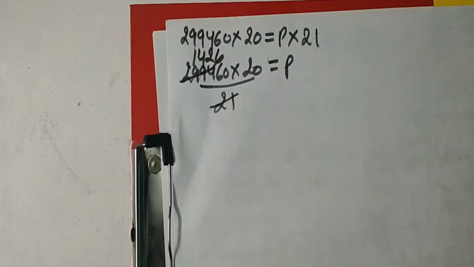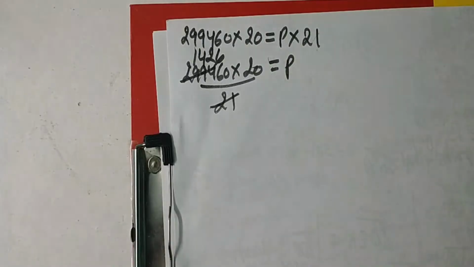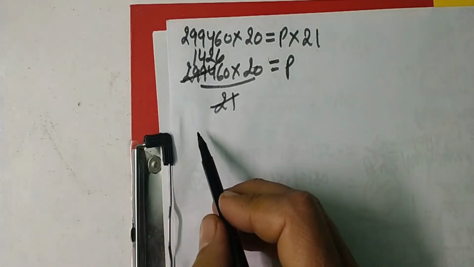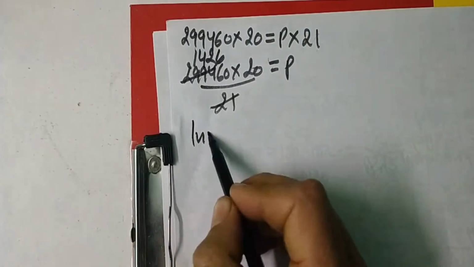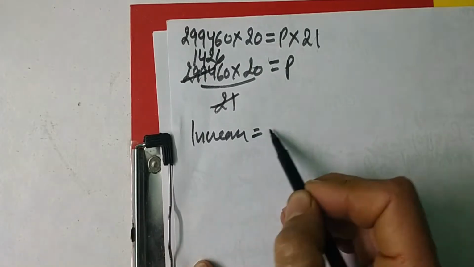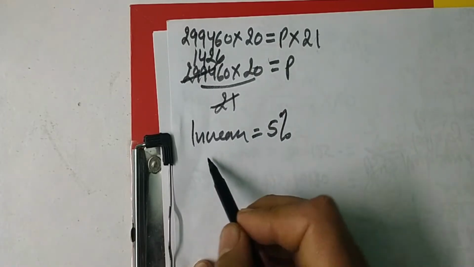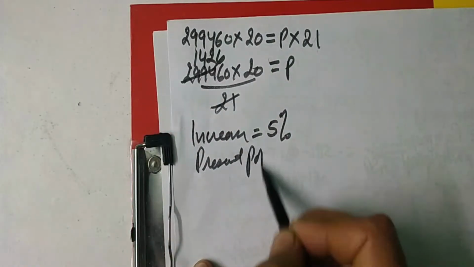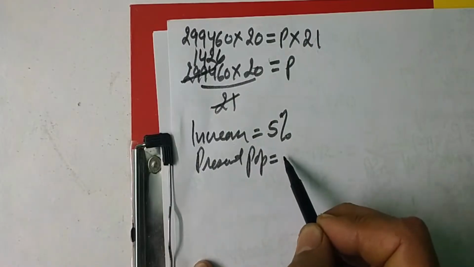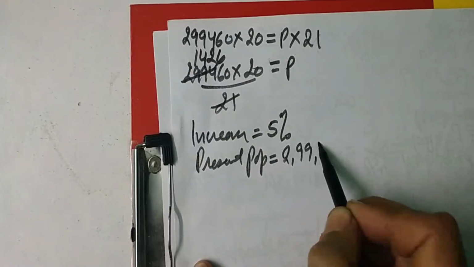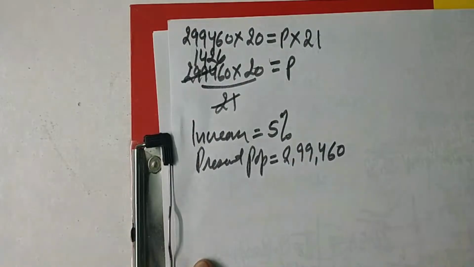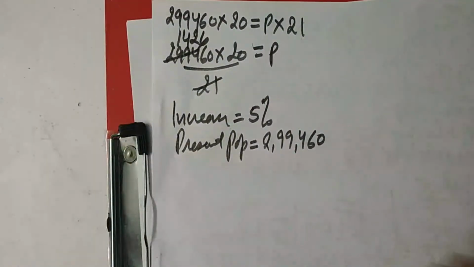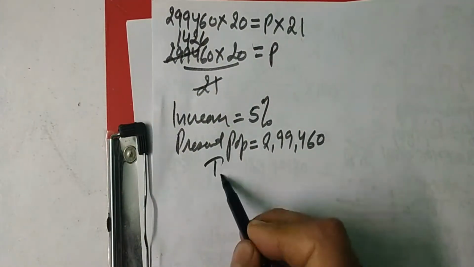The population of a town increases 5% annually. I have told you the amount method. Now let's see with the X method. I will write increase is equal to 5%, present population is 299460, and the time is 1 year.